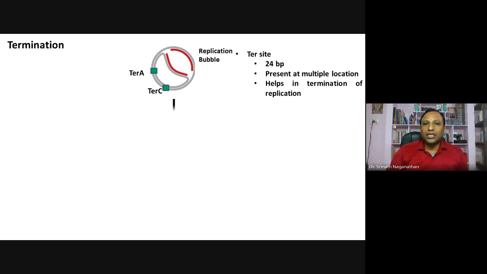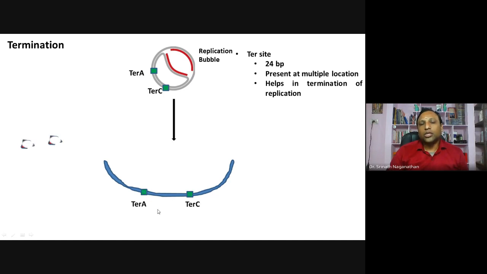During this process, I am taking only one strand, which has our ter sites, ter A and ter C. Now there are two factors which can come and bind, called TUS. This TUS is actually the termination utilization substance. It has a protruding domain present here.